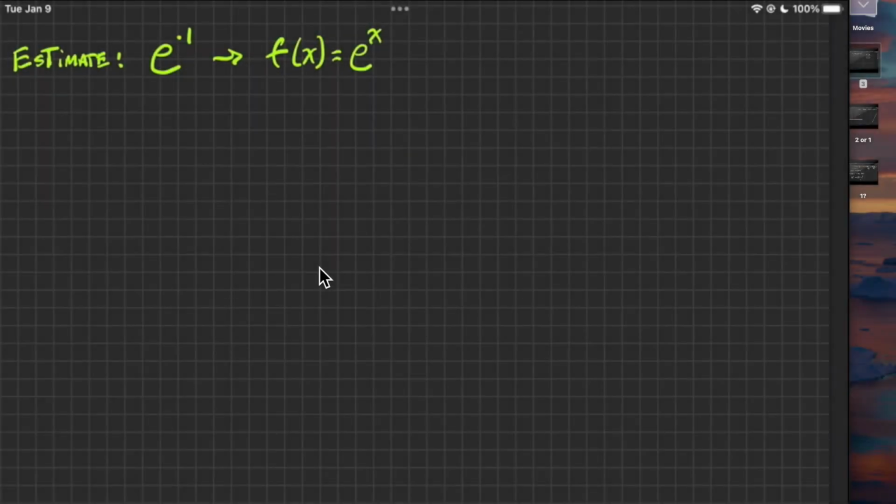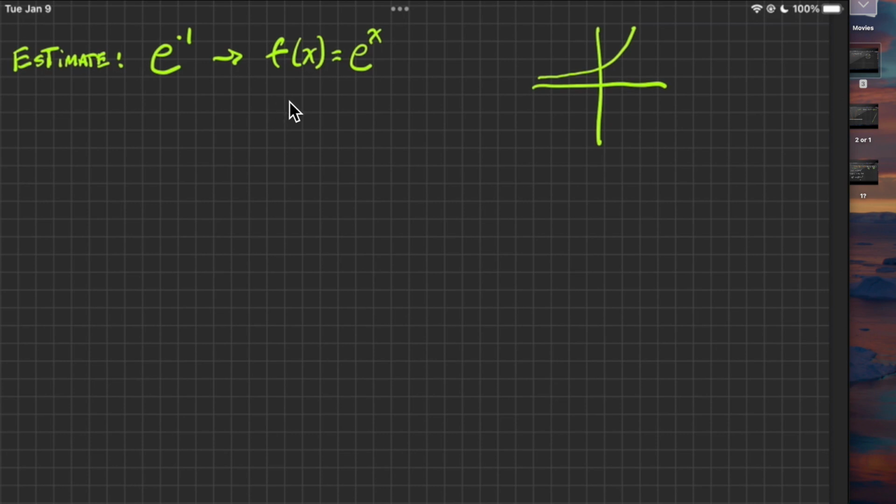In our next example, we are asked to find e to the 0.1. So our working function is f of x equals e to the x. Recall, e to the x is a growth function, which means as you move from left to right, it moves away from the horizontal asymptote, which is 0 in this particular problem.